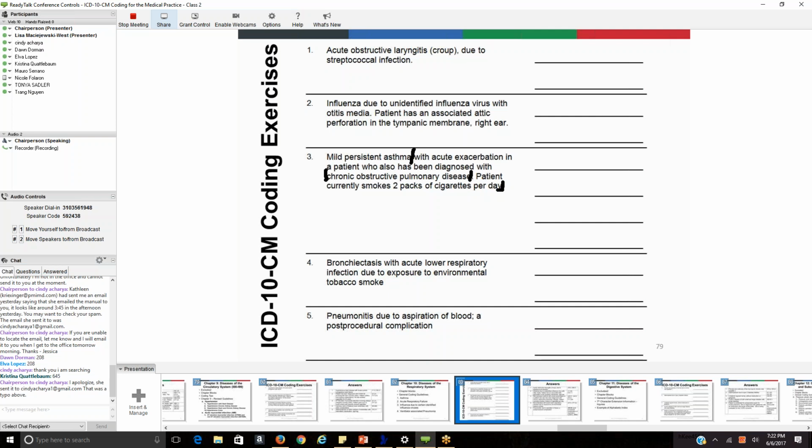J45.31, mild persistent asthma with acute exacerbation. So now we go to that J45 code for asthma.